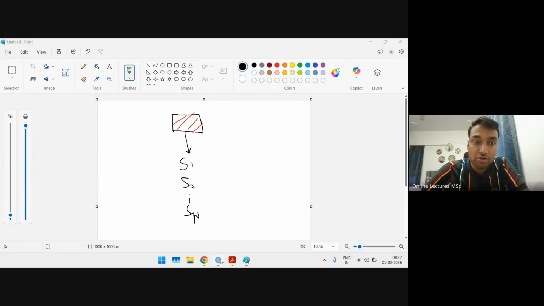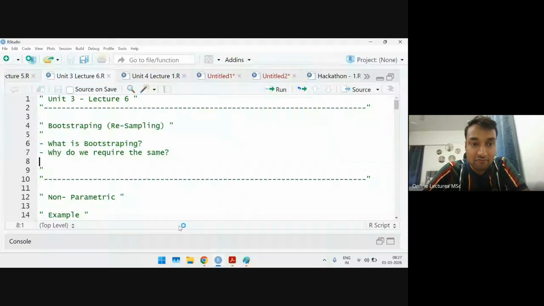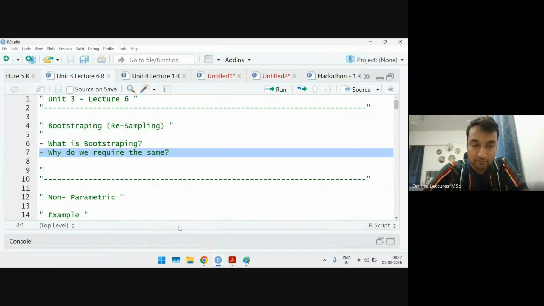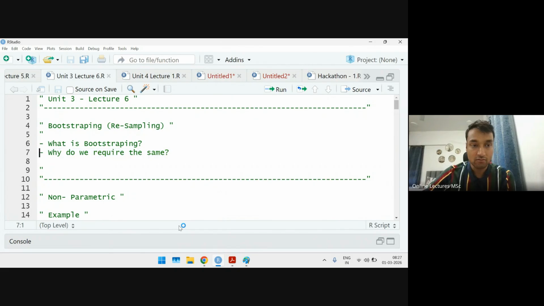So this is fine. But the bigger question we will try to answer is why I want to do something like this. Why exactly do I want to resample, or repeatedly generate samples? Two answers, as Tom correctly mentioned. One is to assess the variability of the parameter.